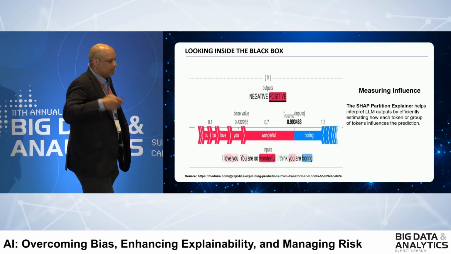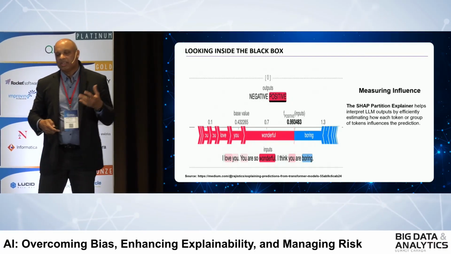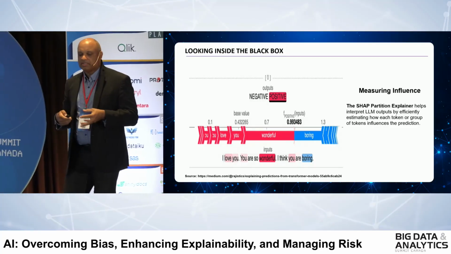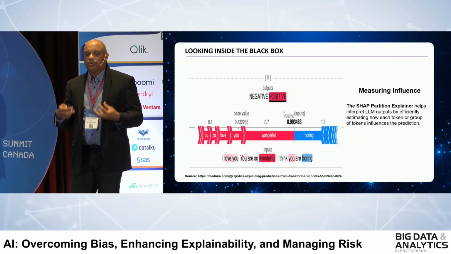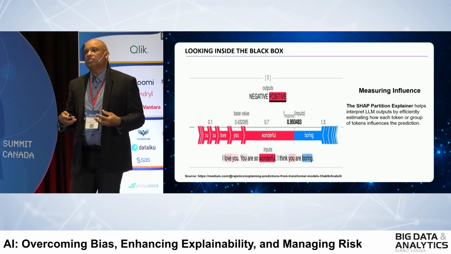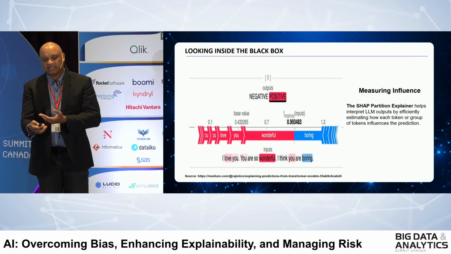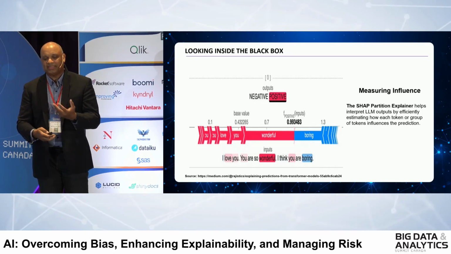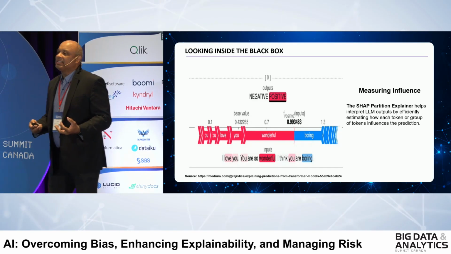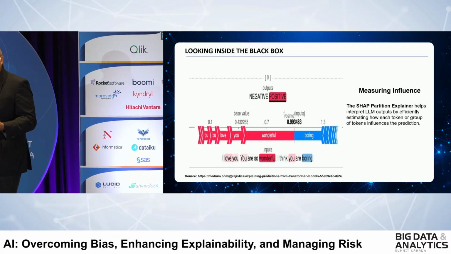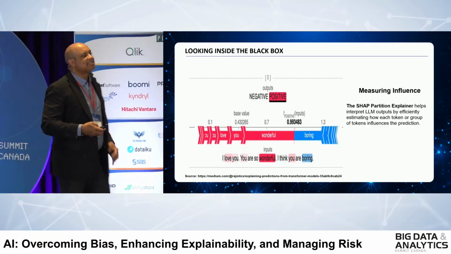The other one that's one of my favorite, actually, is called SHAP values. It's Shapley additive values. Essentially, what happens is it takes components of your input, and it shows you how those components are influencing your output. So in this situation, you have a sentence that says, I love you, you are so wonderful, I think you're boring. Normally, you wouldn't put those things together, but if the model says this is a positive sentiment, you might want to know, well, what's really contributing to that sentiment?